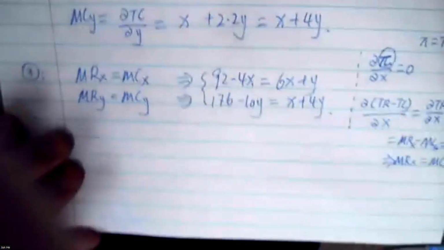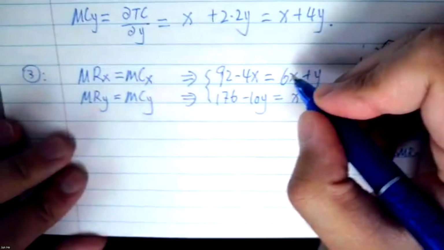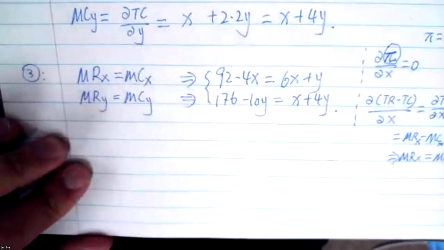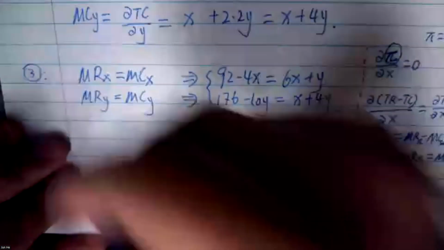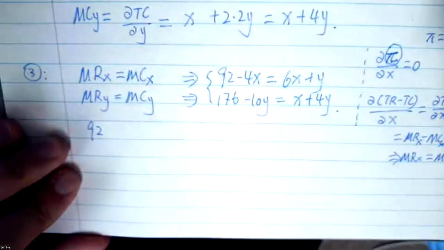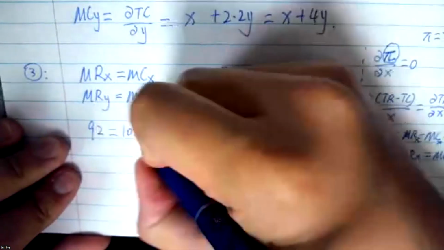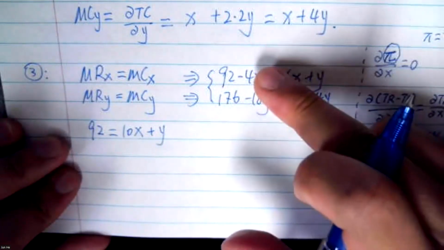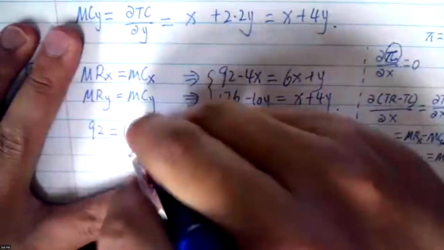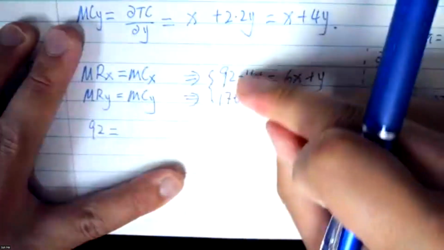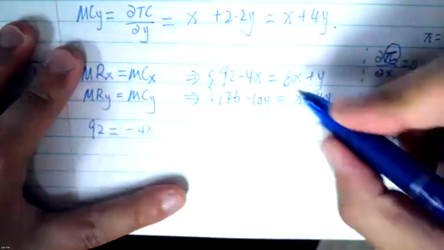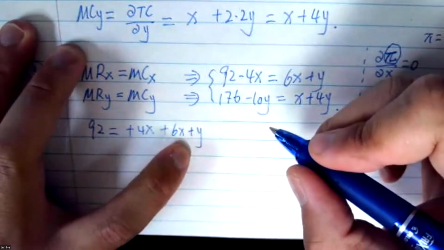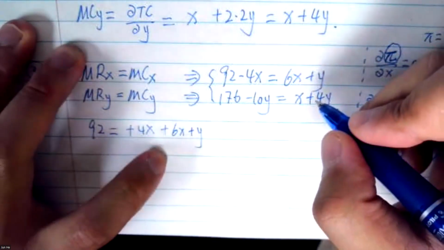So here's a quick solution, so let me solve by hand. And again, you can simplify this first and then use Solver to do it. So let's simplify. The first one is 92 equal to 10x plus y. Let me write this step by step. Minus 4x, move to the other side, changes into positive, plus the original 6x plus y on the right side of the equation.